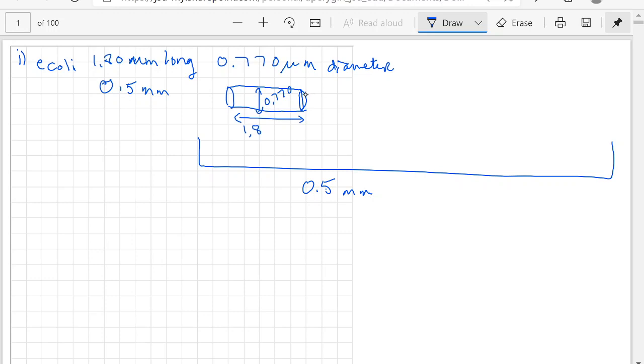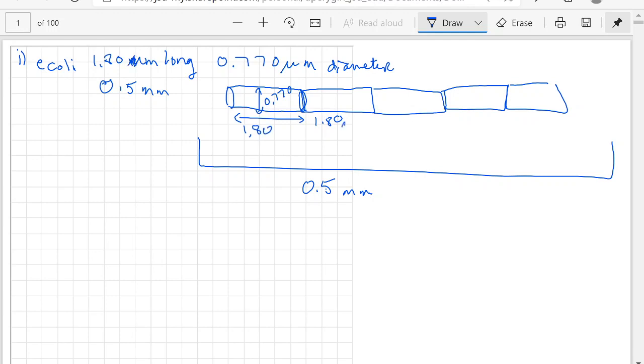Okay, so we're going to lay these end to end, because they're cylinders. Notice that the only thing that matters here is the 1.8 micrometers long. Each of these are 1.8, and we just got to keep on going until we get to that half a millimeter. So we need to count. Okay, so let's do that calculation.